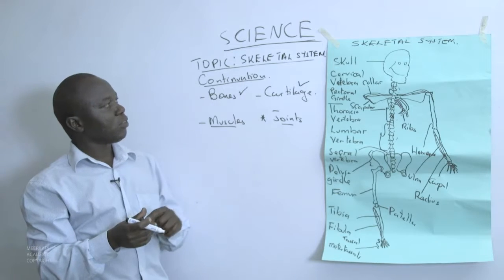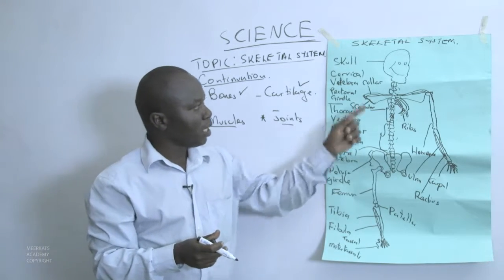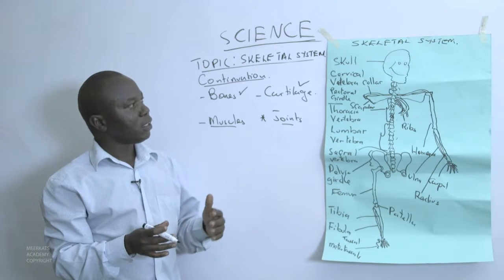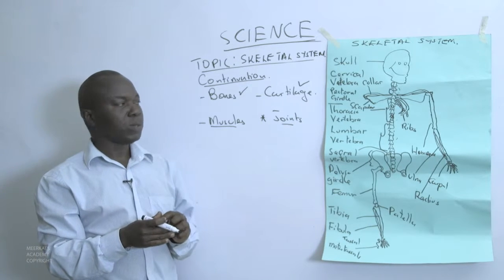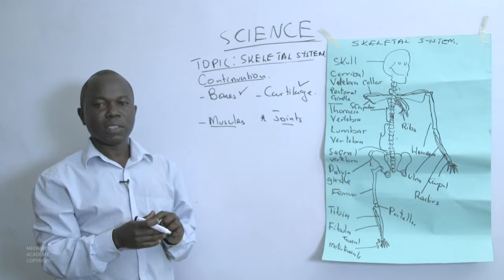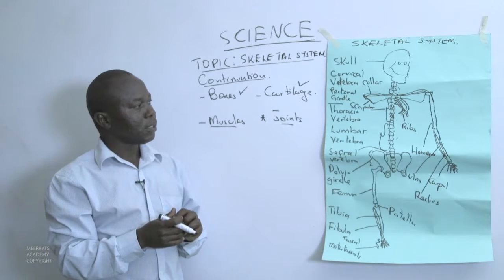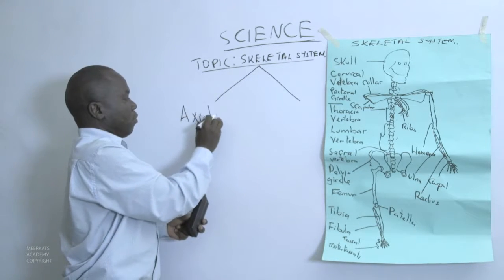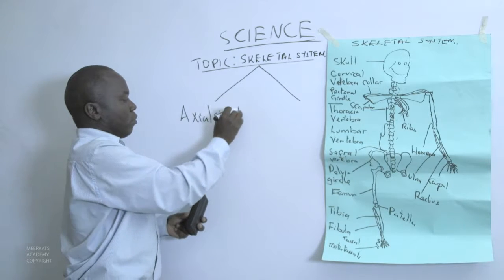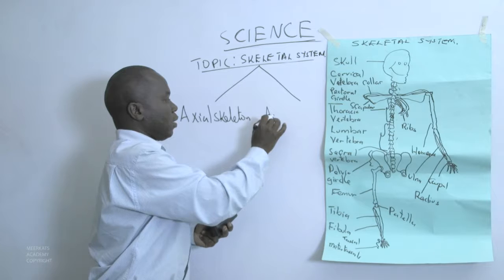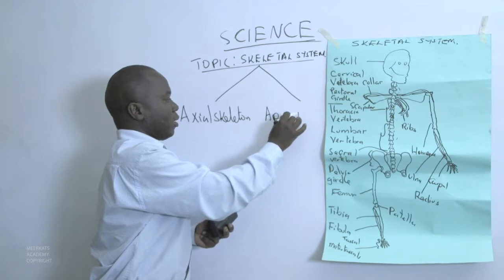We said the majority of the skeletal system is made up of bones, but we are able to divide this skeletal system into two major parts. We had the axial skeleton and the appendicular skeleton.